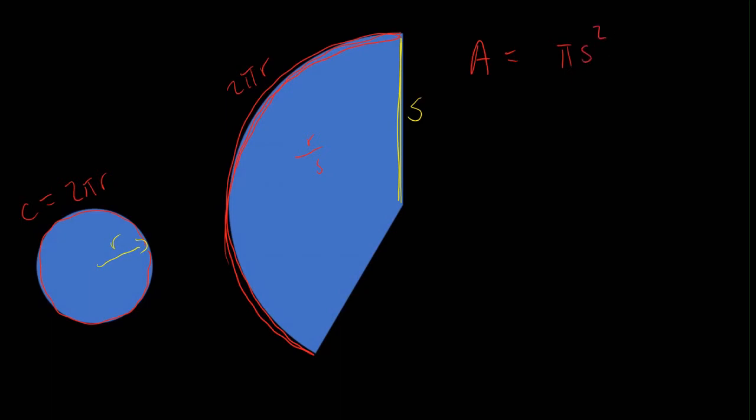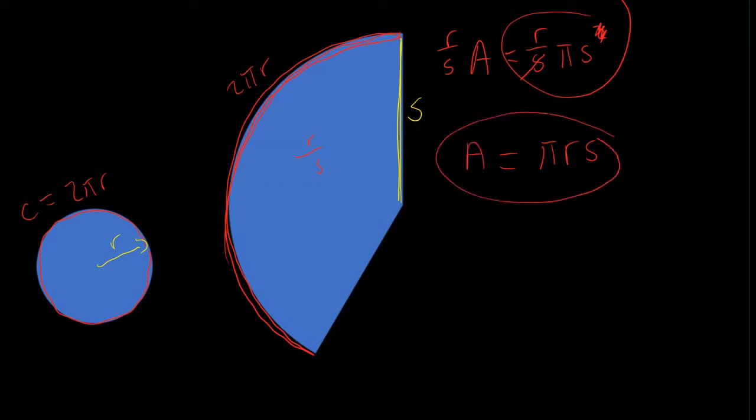Remember, the area of a circle is pi r squared. But we don't want the whole thing, we want a fraction of it. So it's r over s. And when you look at this, this s cancels with one of the s's over here, and you can rewrite this as pi r s.